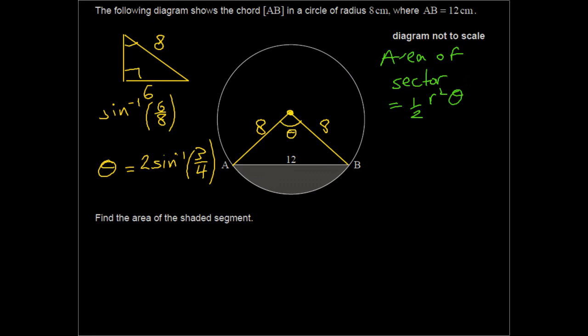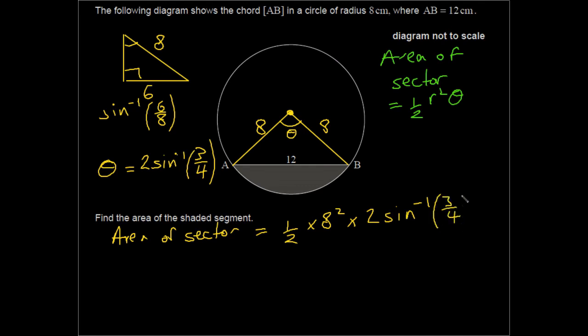The area of the sector will equal 1/2 times 8 squared, and then times the angle, which is 2 sine to the minus 1 of 3 over 4.